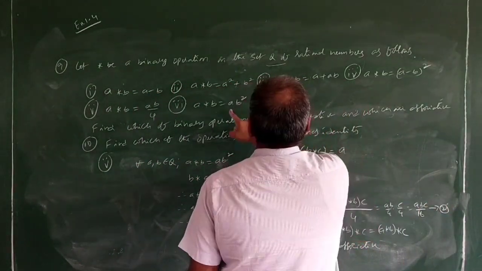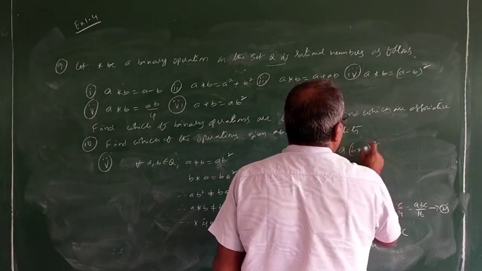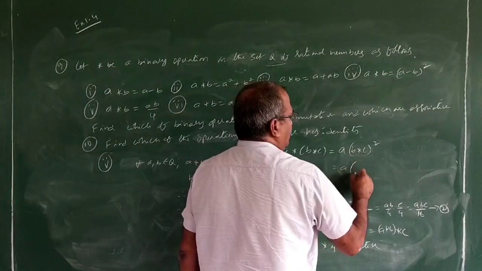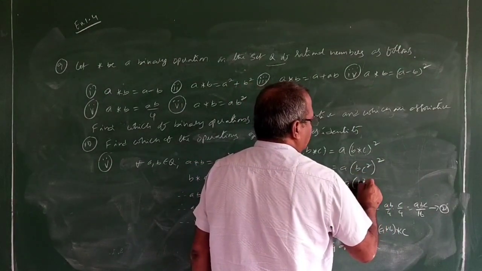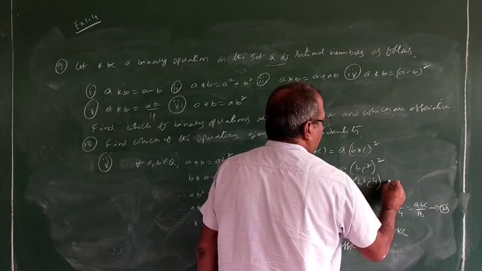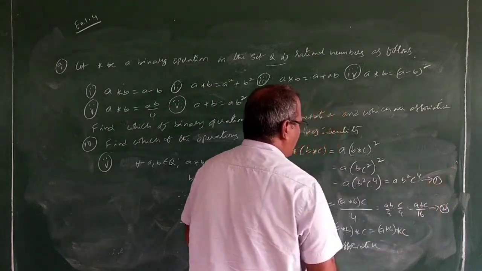Next, when it comes to associative: A star of B star C means A into B star C whole square, which is A into B C square whole square. So A into B square C power 4. A B square C power 4, we take it as 1.